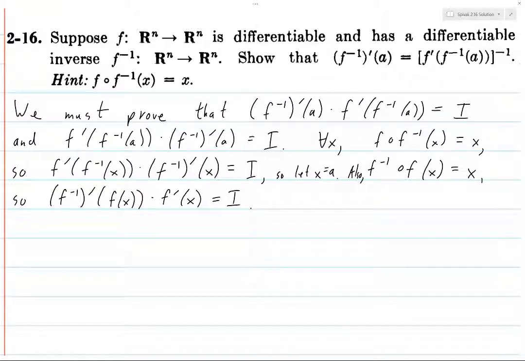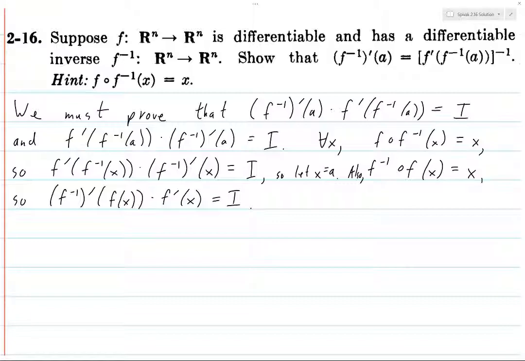Well, for this particular example, it doesn't really matter that we're using x's and a's here. We're just trying to prove that these two matrices are the same thing for any a. And so it doesn't matter if you call it x or if you call it a.